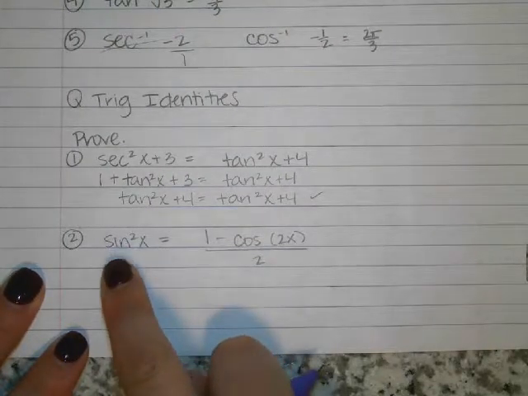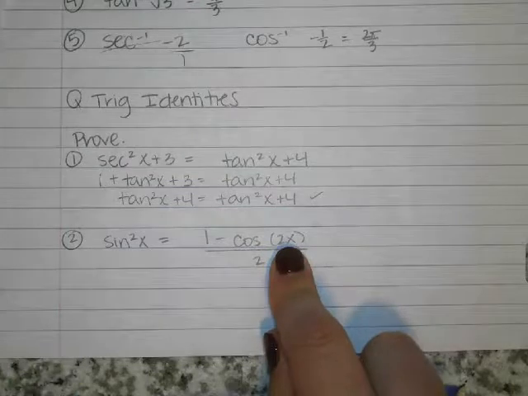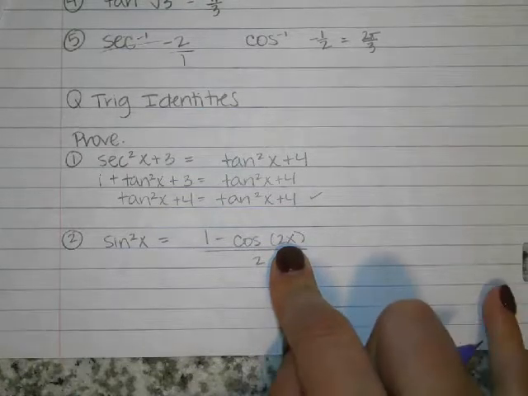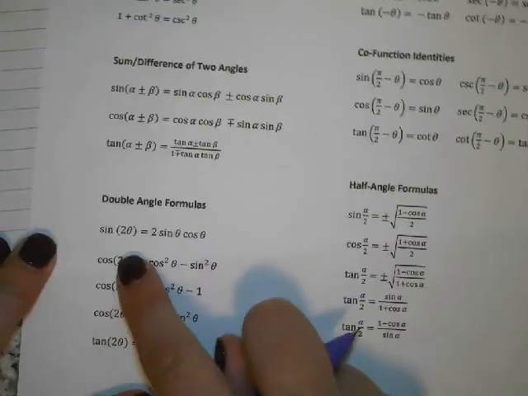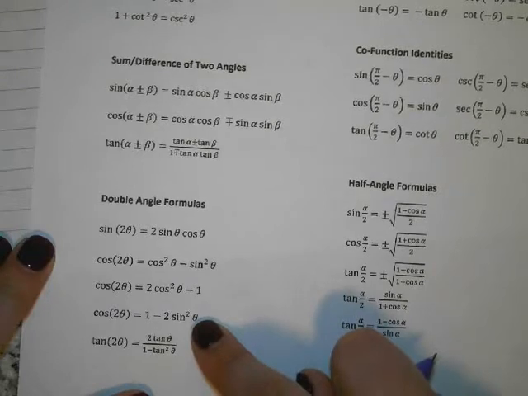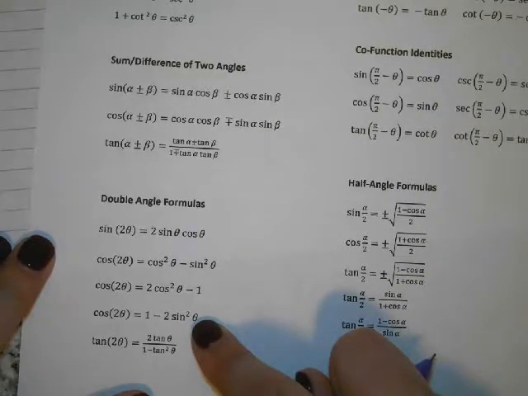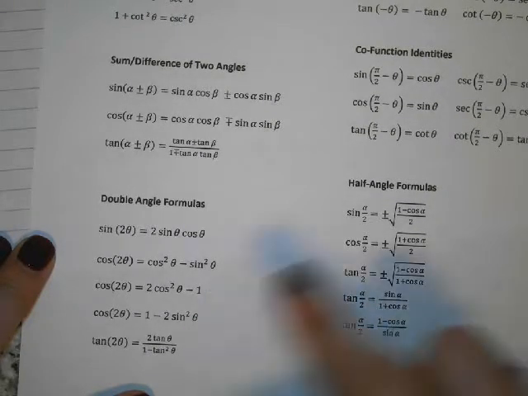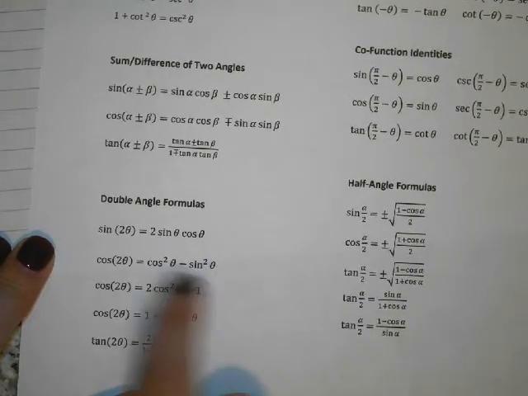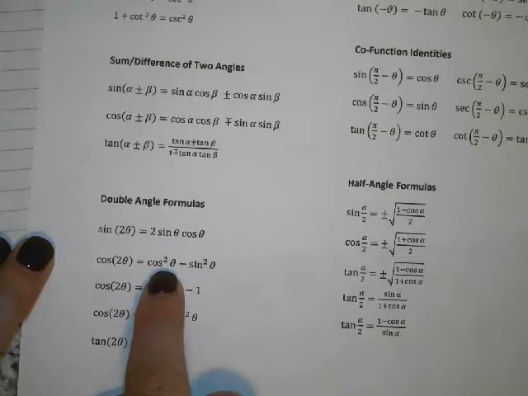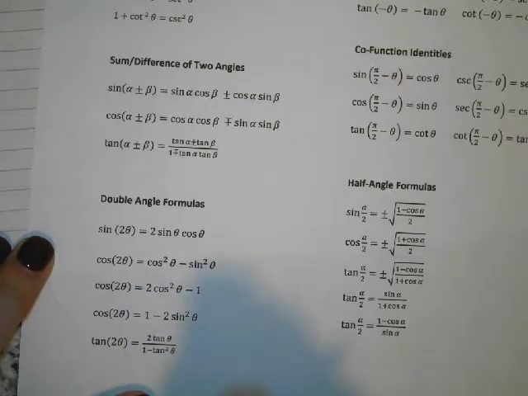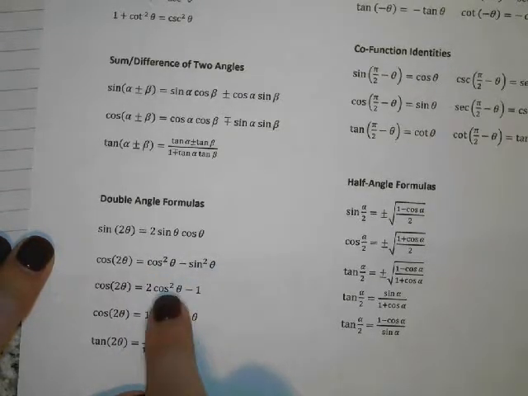That means that for this problem I'm going to look at the cos 2x and see what substitution to use there. If you look at this page, you've got lots of options. So cos 2x has all 3 of these. I want to use the one that's going to get me a direct relationship back to sine squared. It's not this one because this one has a cos squared in it, so that's going to have 2 different pieces. That's going to be a little bit harder to work with. Don't use this one because it's not helpful at all, but I'm going to use the last one.